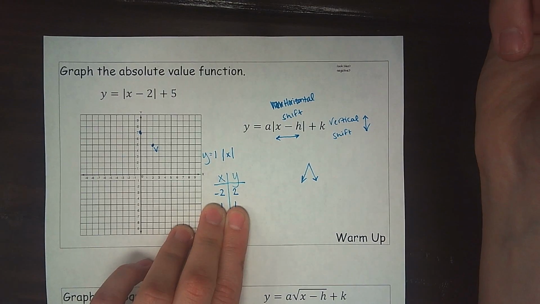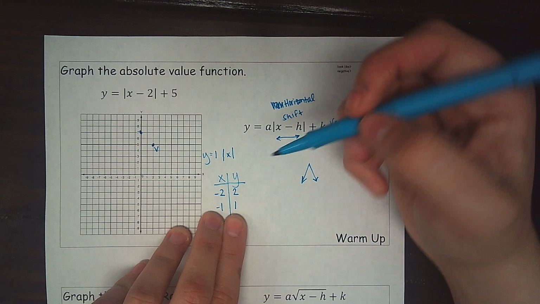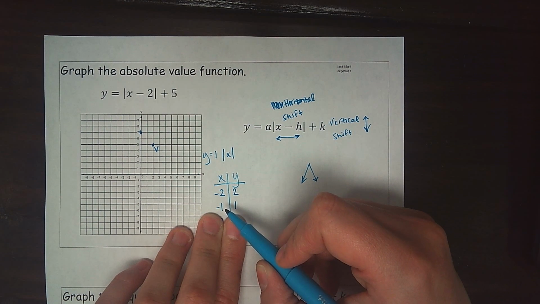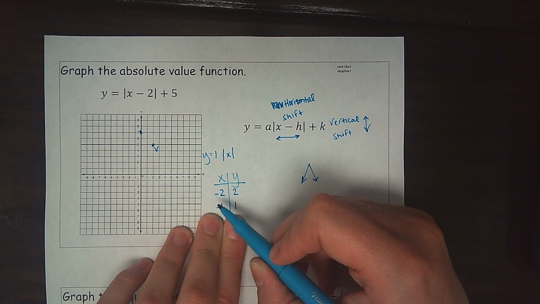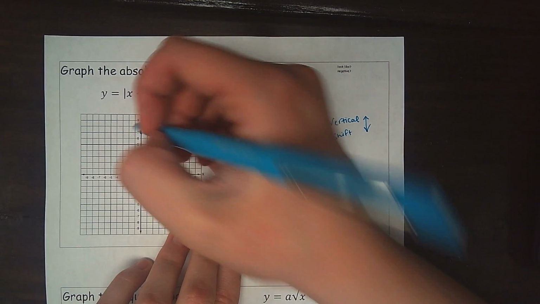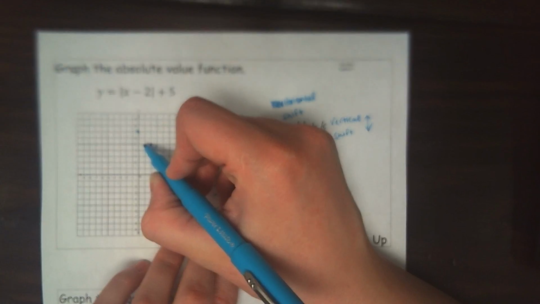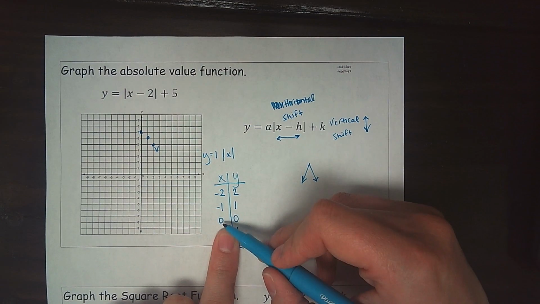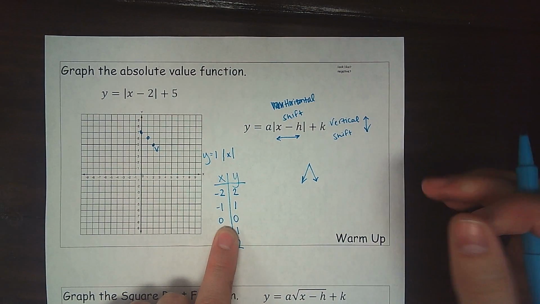Same thing with this next one. Because it's negative, it's telling me from my vertex, and we're always starting at a vertex, I need to go left one and then up one. Same thing, from my vertex, I need to go left 0 and up 0, so that's just at our vertex.